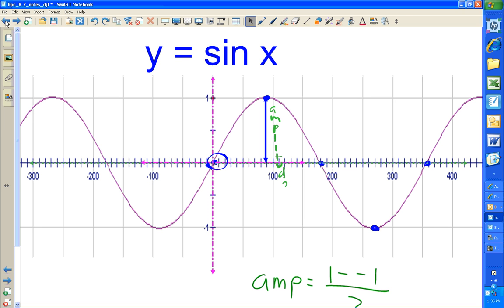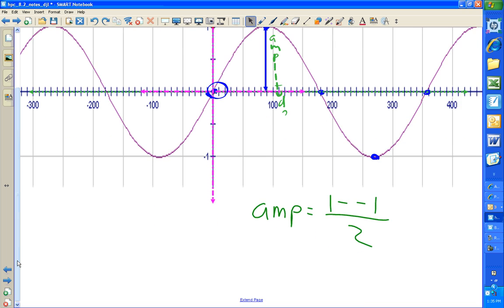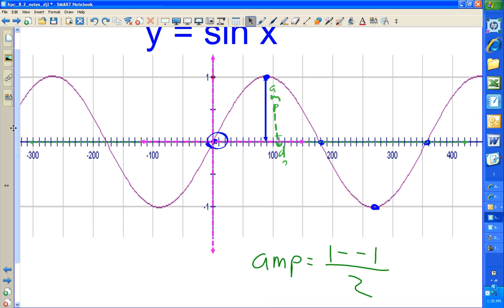You don't ever want to say you have a -3 for the amplitude. That can't be true, because it's a distance. So in the formula, maximum minus minimum divided by 2, in this case gives you an amplitude of 1. You're finding the distance from here to here.